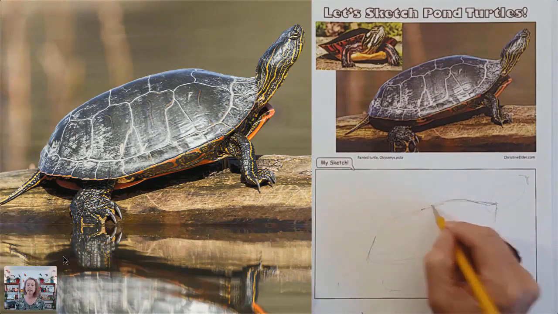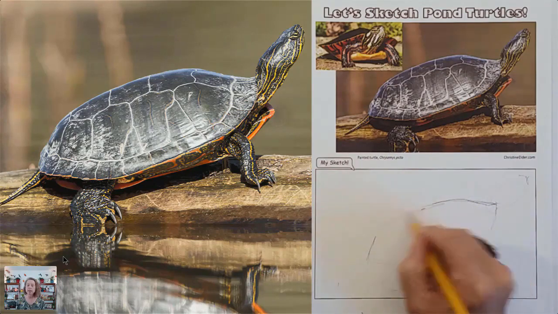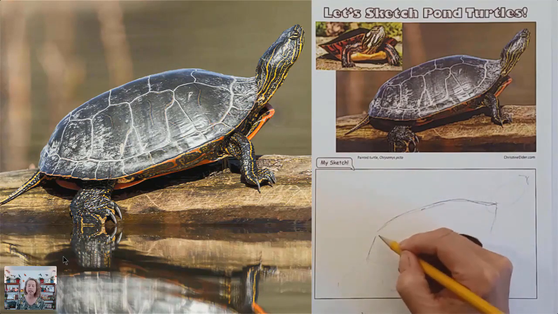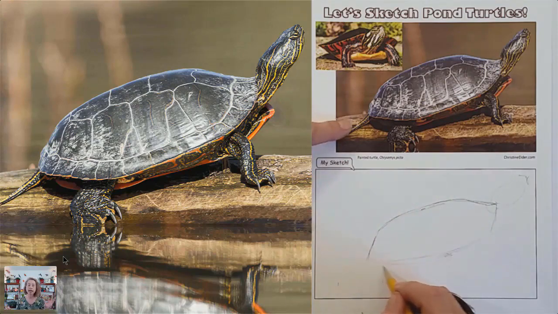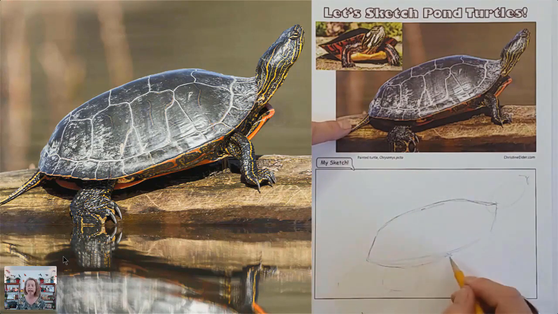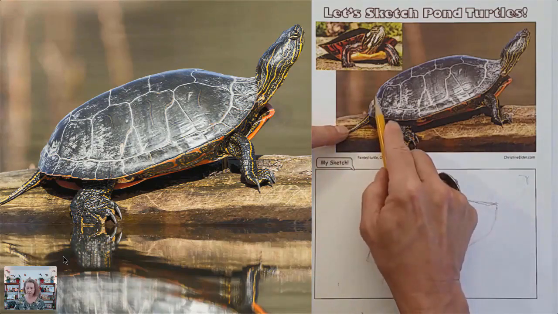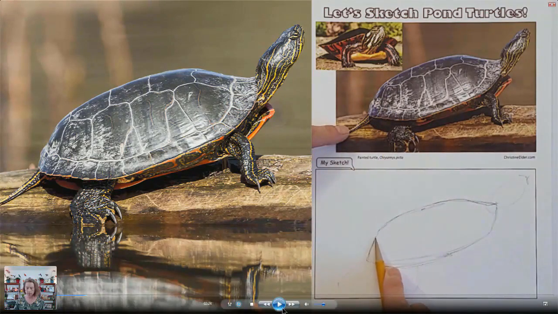So just looking a little bit more carefully now at the shape of the carapace, or the shell. I use my fingers sometimes to indicate and keep track of where I am, noticing those angles. Here, I'm just going to point this out: the top of the carapace isn't like a dome exactly. It is a little bit flattened.